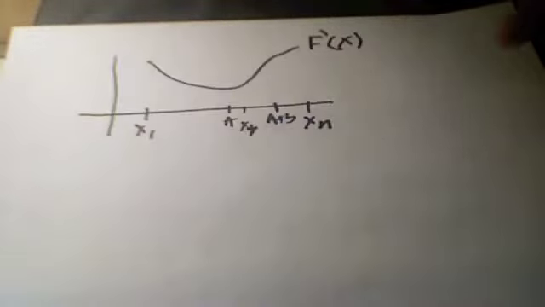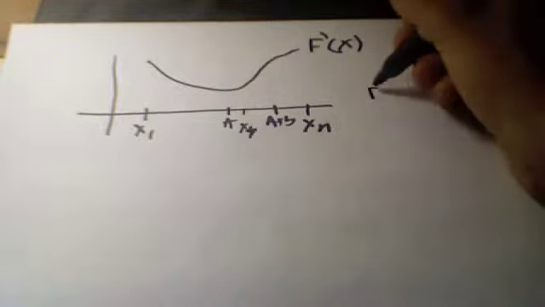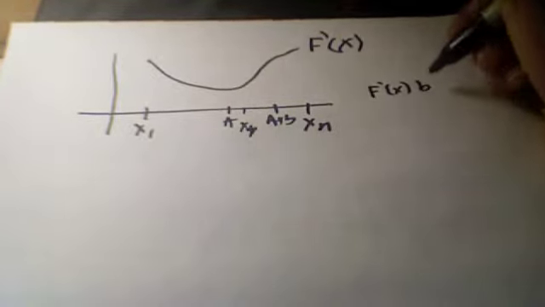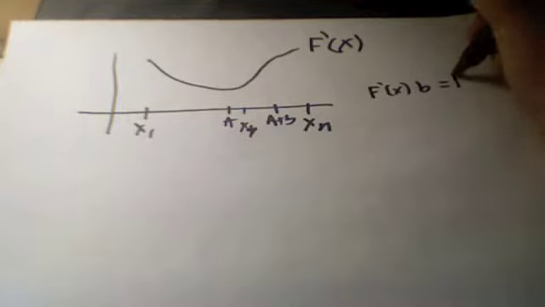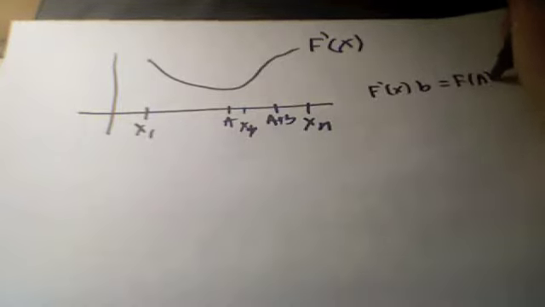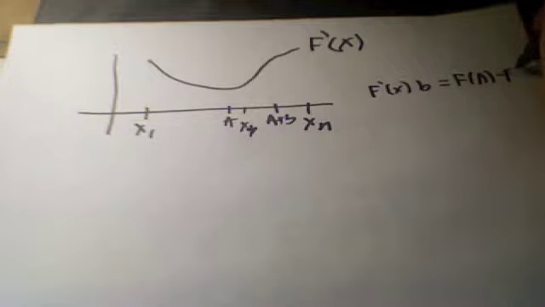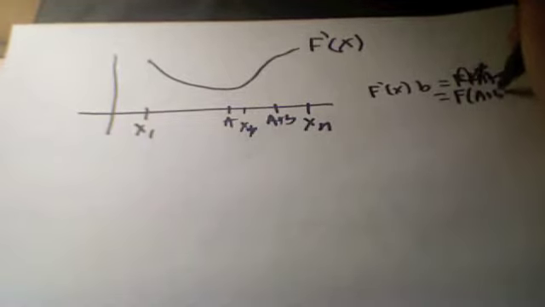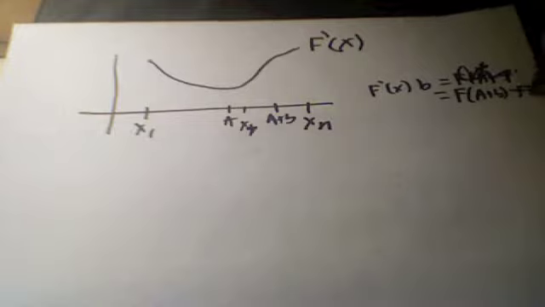So, what does that represent here? It's times the difference, b, but it's really a plus b minus a, equals f of a plus b minus f of a.